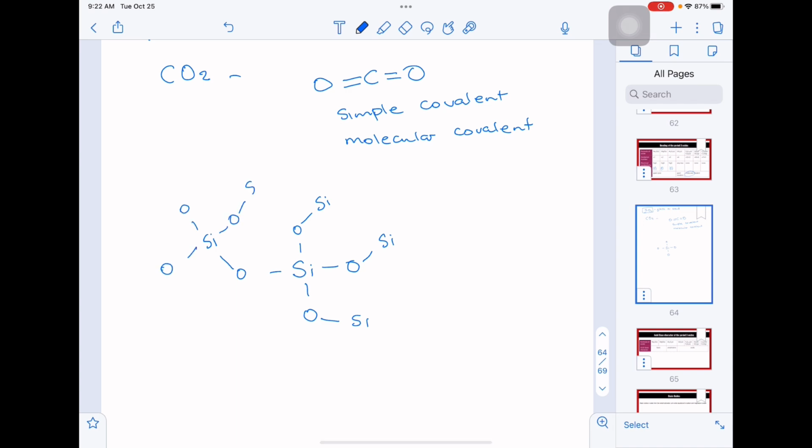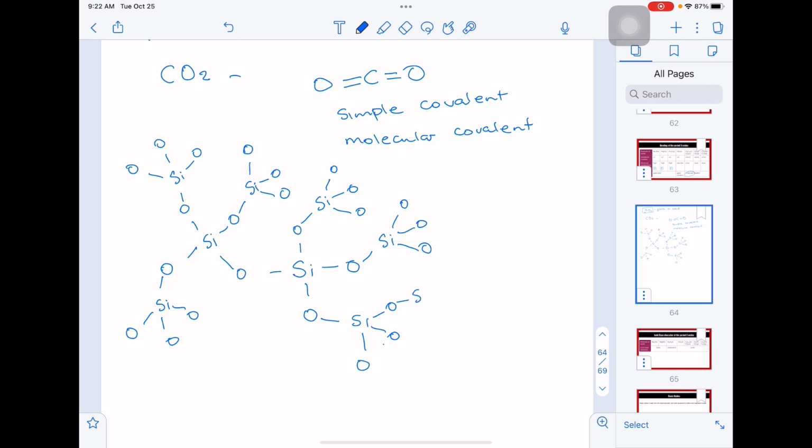So you can see that this structure can grow in many different directions almost uncontrollably. Okay, and this is the reason why we call it a giant structure, because I can keep drawing oxygens and silicons until kingdom come. There is no way to end this. The structure just keeps growing. That's why we call it a giant structure.